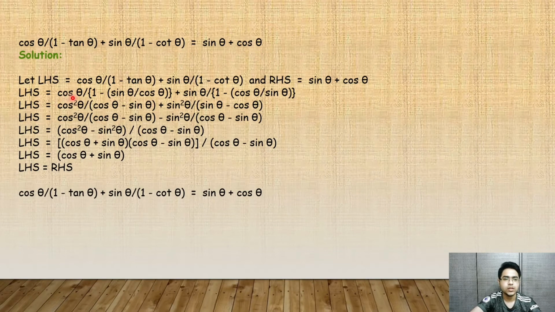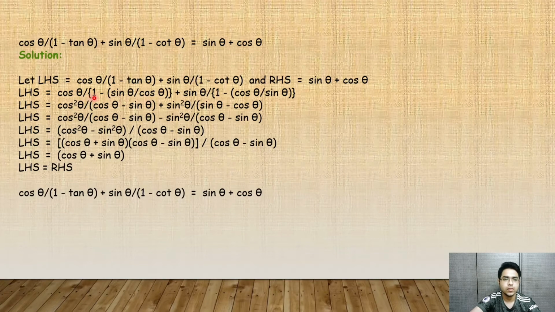So now in LHS, cos theta divided by, in curly bracket, 1 minus sin theta upon cos theta. We are simply converting this tan theta into sin theta and cos theta, and we will be converting cot theta into cos theta and sin theta terms. So cos theta will be divided by 1 minus sin theta upon cos theta.